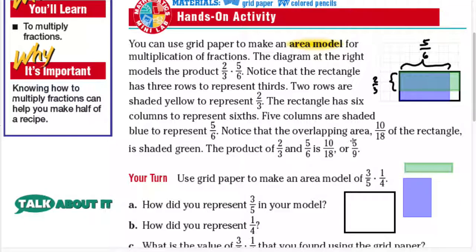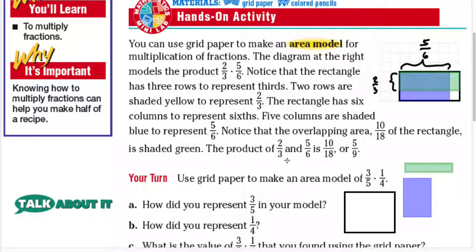Notice that the overlapping area is 10/18 of the rectangle. If you count the number of squares that have been shaded, 1, 2, 3, 4, 5, 6, 7, 8, 9, 10, there are 10 of them out of 18.